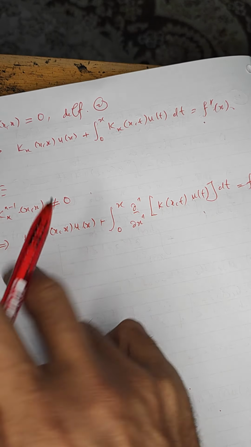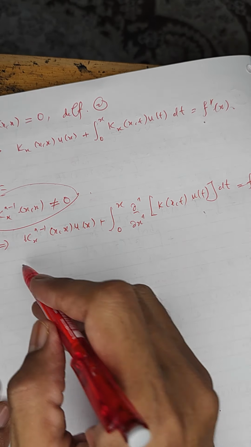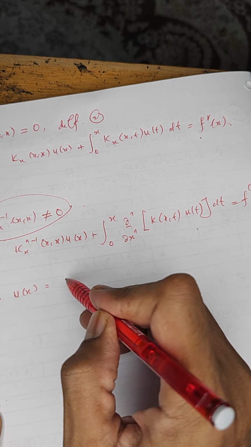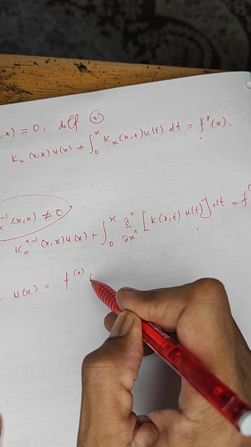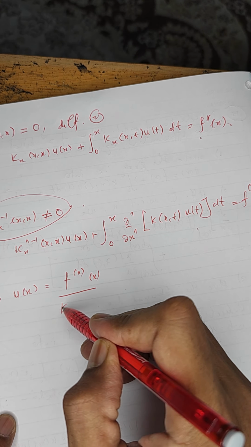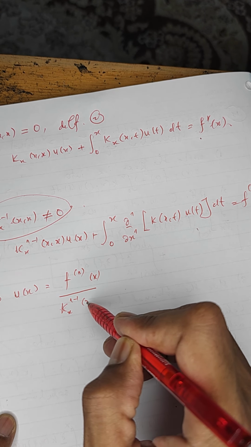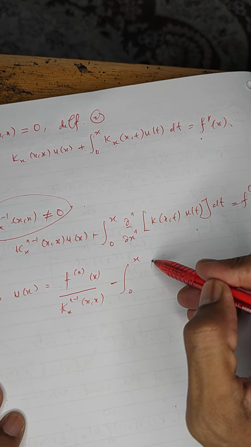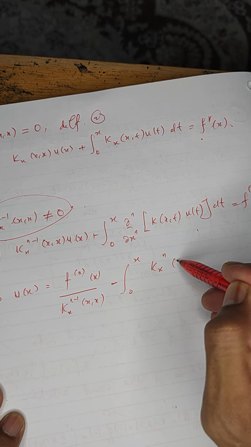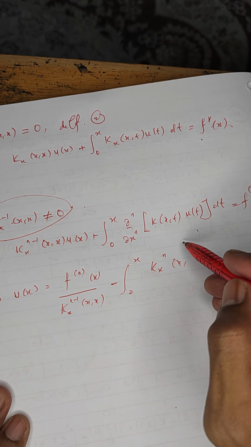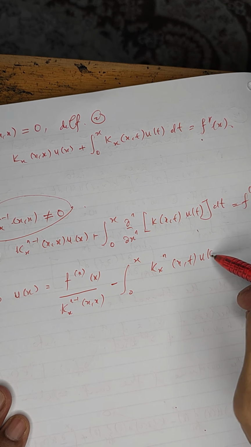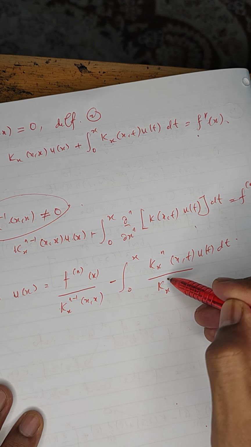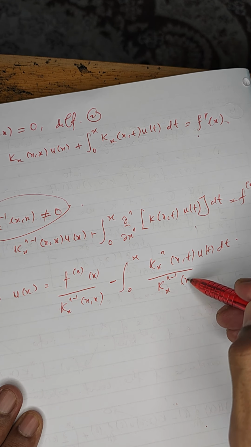And of course, as long as that condition is satisfied, you can always write u(x) as f'(x) over K(x,x) minus the integral from 0 to x of K_x(x,t) u(t) dt over K(x,x).